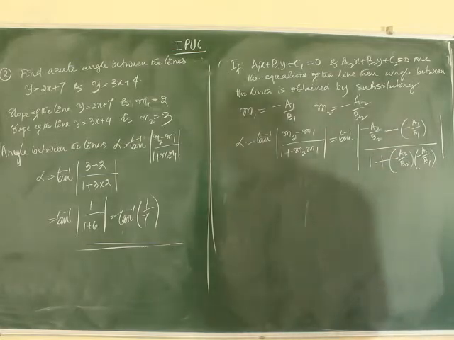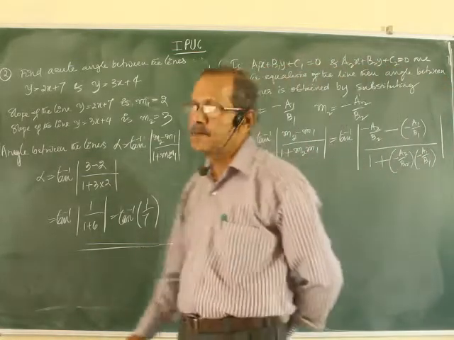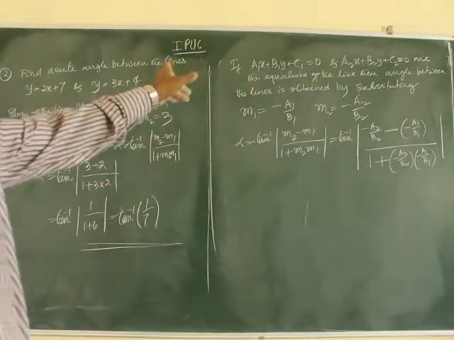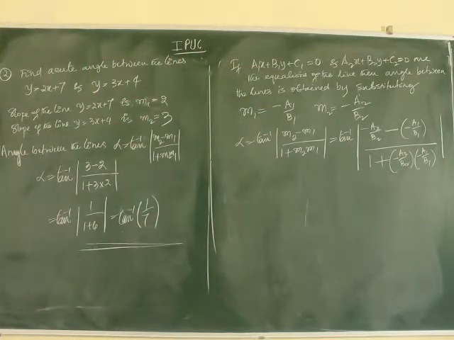Wherever you have m1, write minus a1 by b1, because the slope of the line is actually minus a1 by b1.